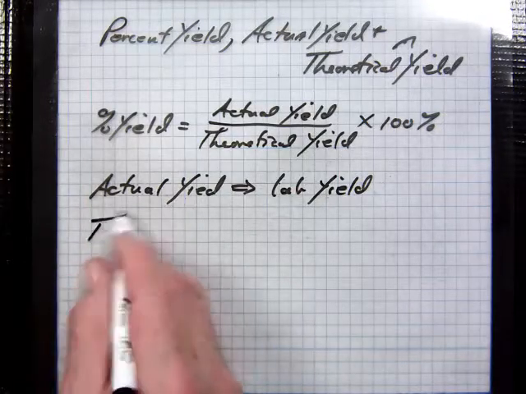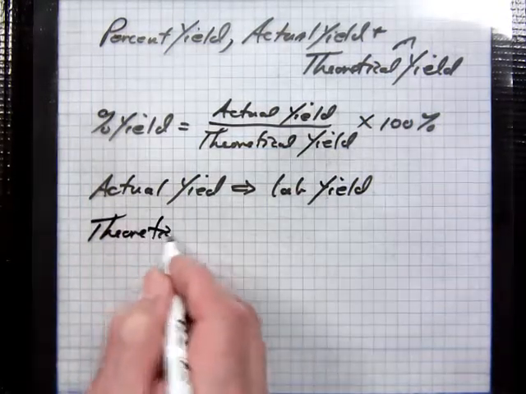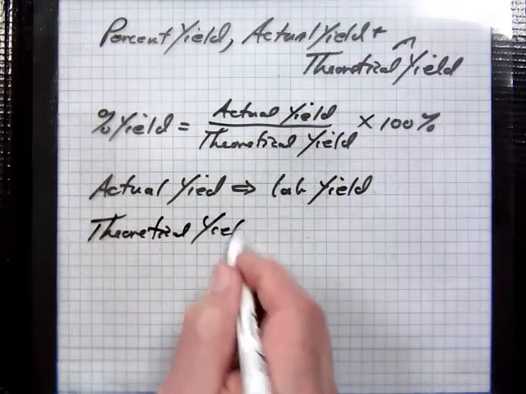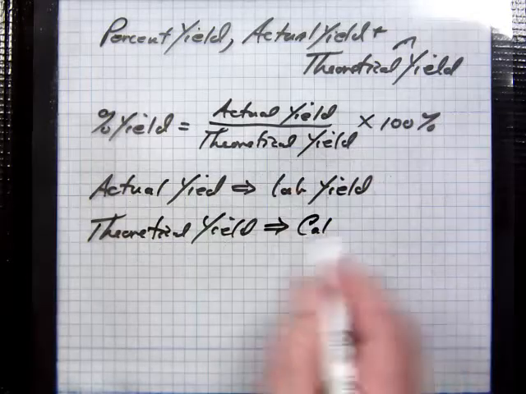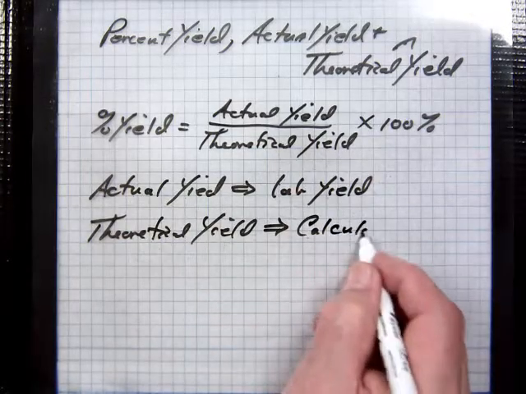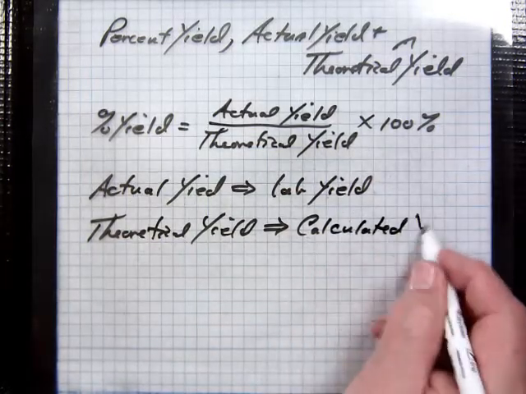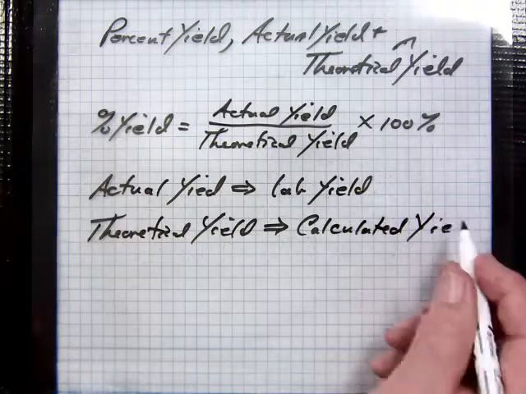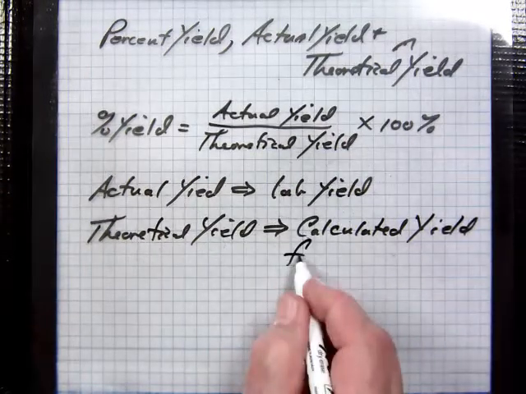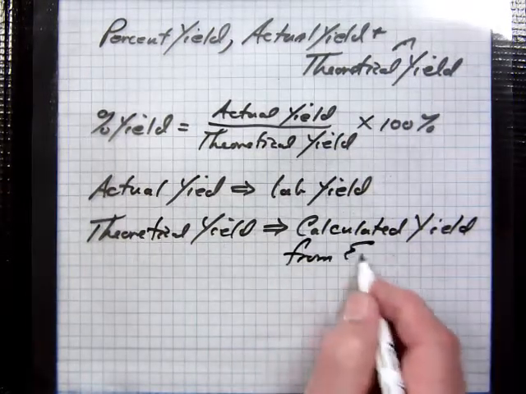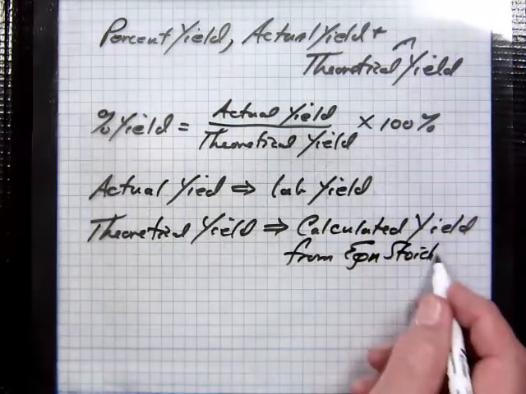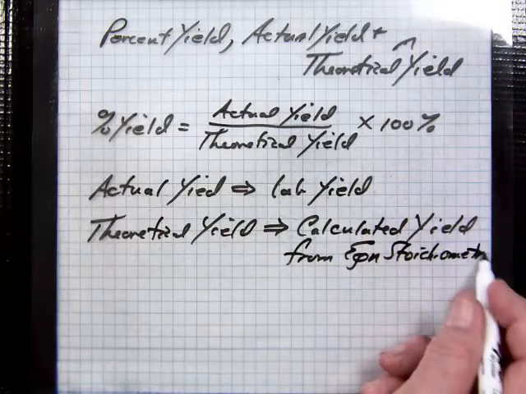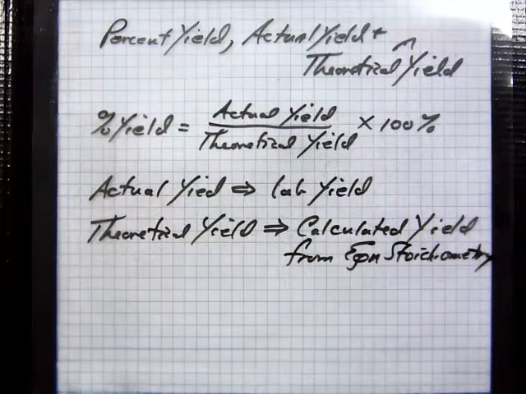Theoretical yield is what's calculated from the chemical equation. Calculated yield. From the chemical equation stoichiometry.